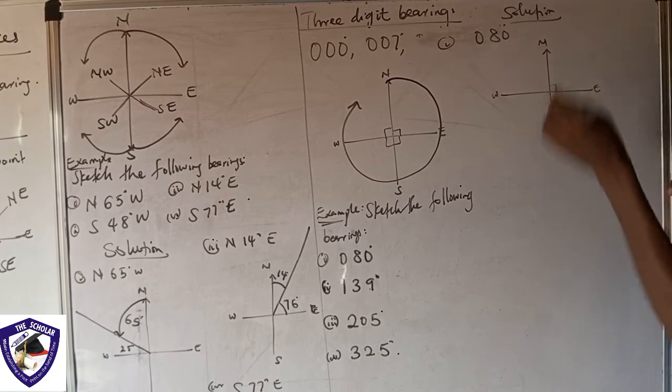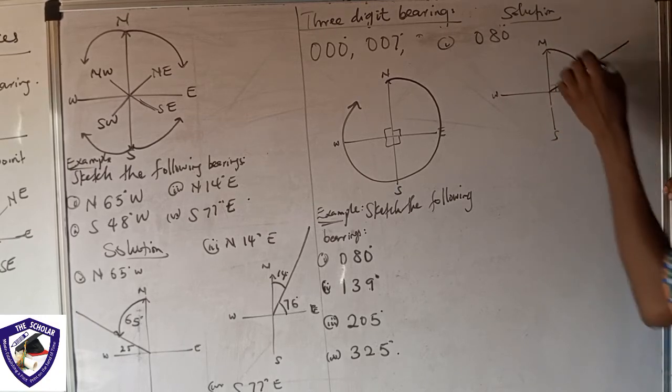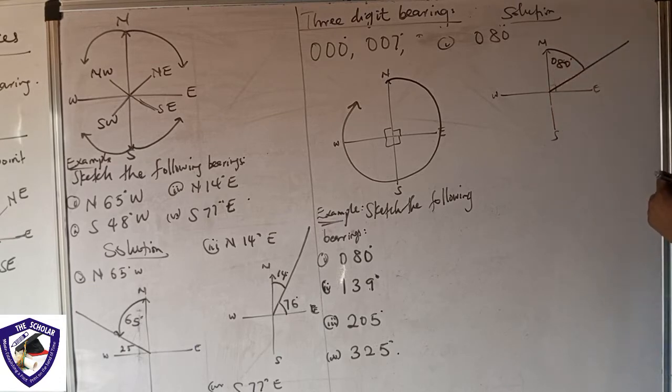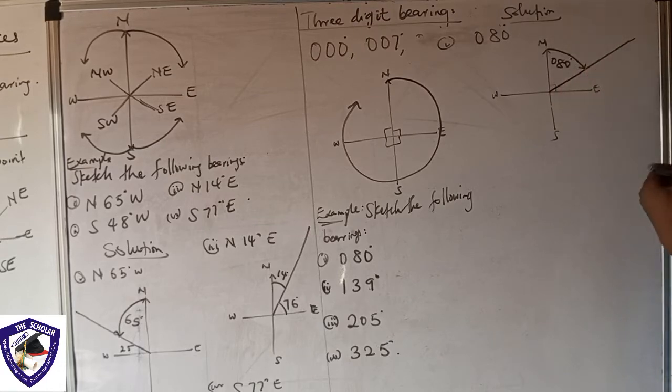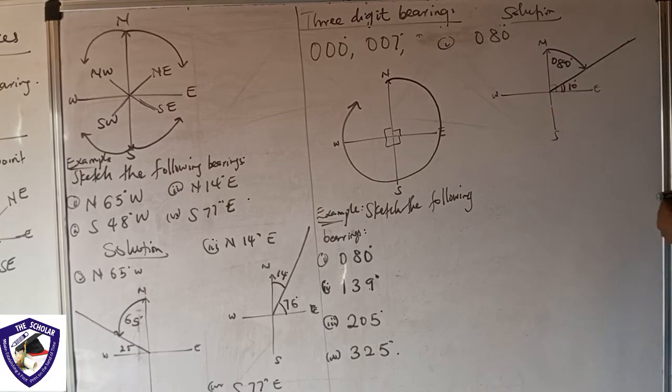So my 080 degrees will go like this, and this is my 080 degrees. Look at where you stop. The remaining portion here is what? 10 to complete 90. So this is how you sketch your 3-digit bearing.